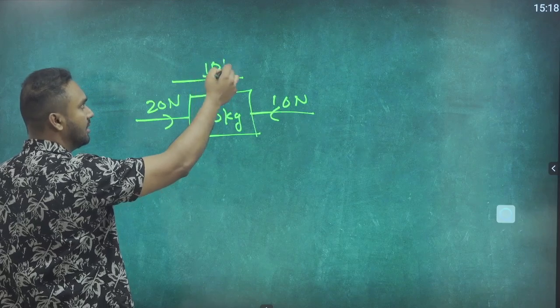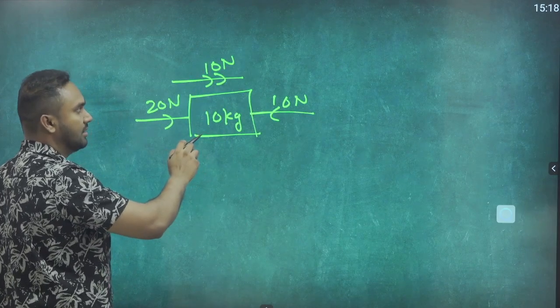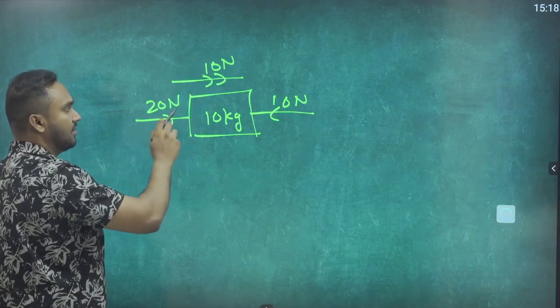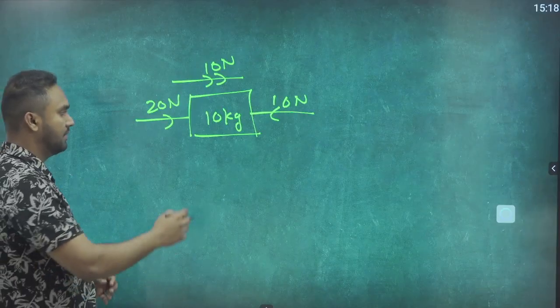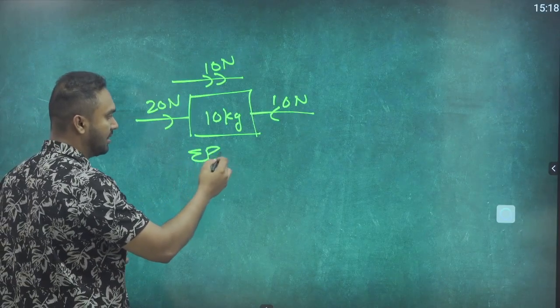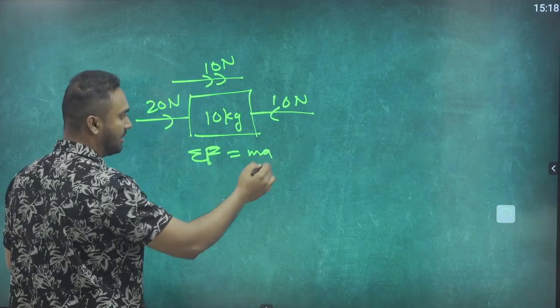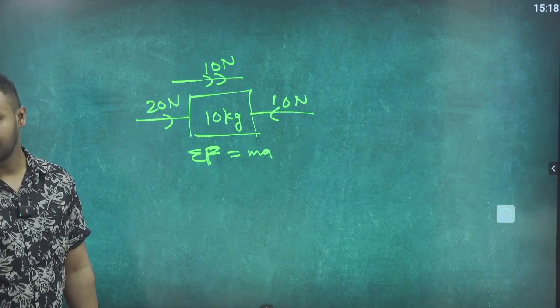That is 10 newtons. And now the mass is constant. So this resultant force will decide what the acceleration of the object is, right? So for that we put sigma F equals ma. Sigma F is the resultant force.